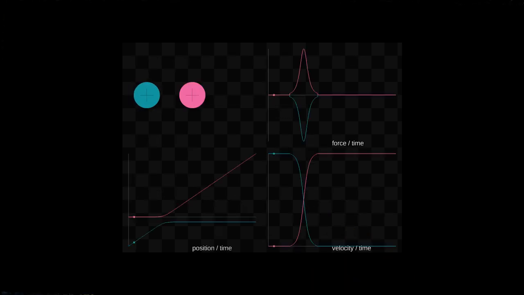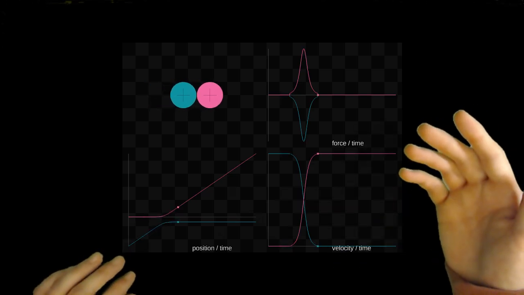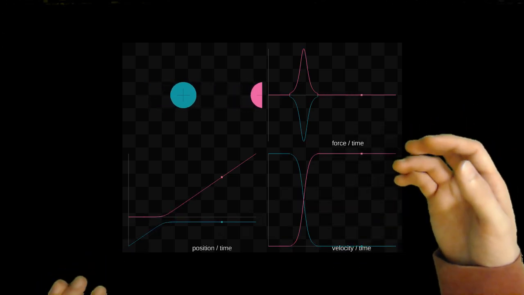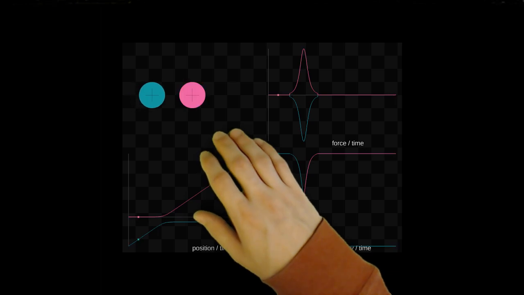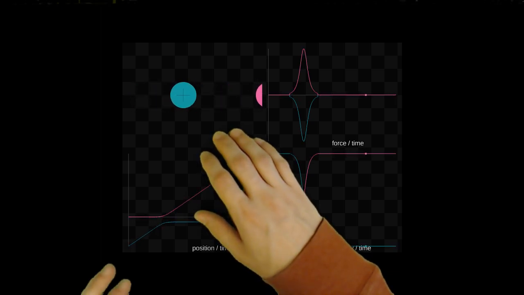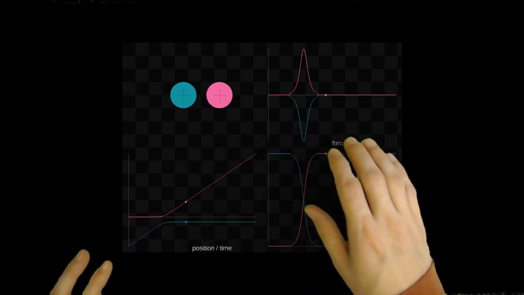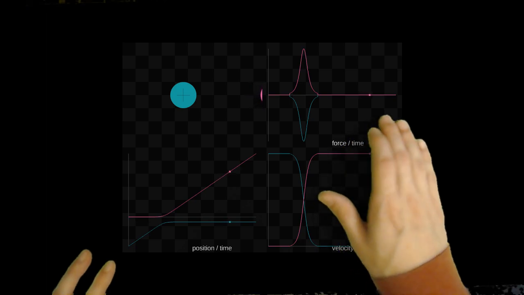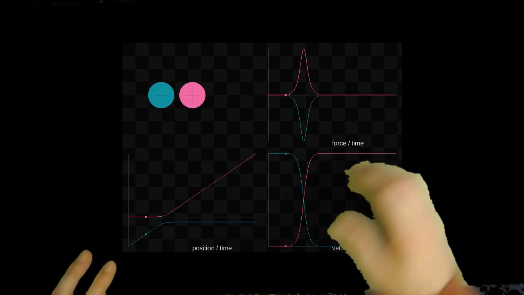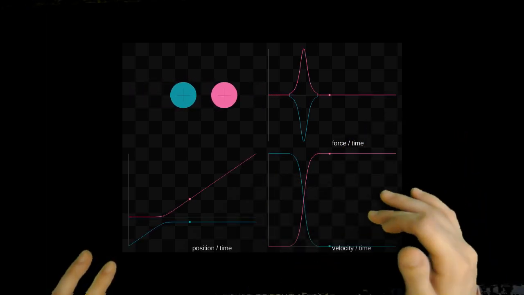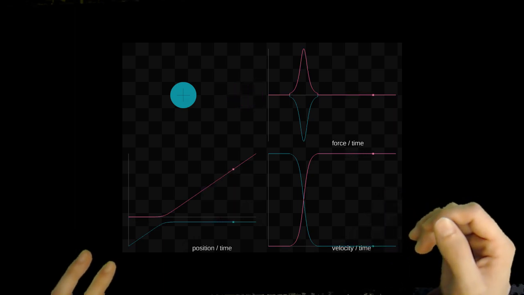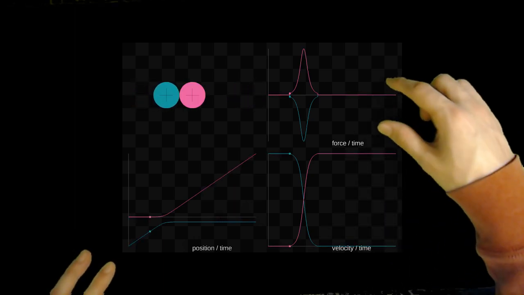So let's look at them. Here are the first 3. We have our original simulation in the upper left, just so that we have something to orient ourselves. We have our force over time graph right here, our position over time, and our velocity over time. So let's look at this one first.